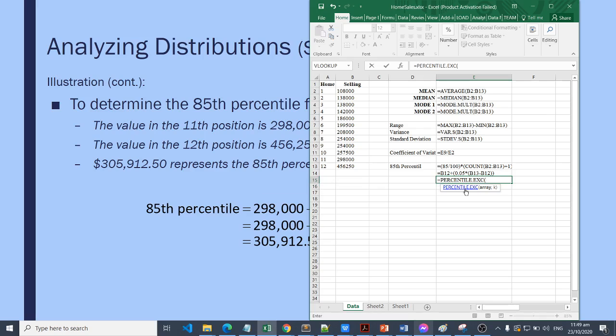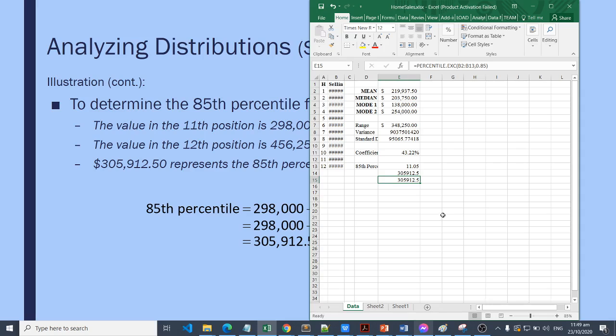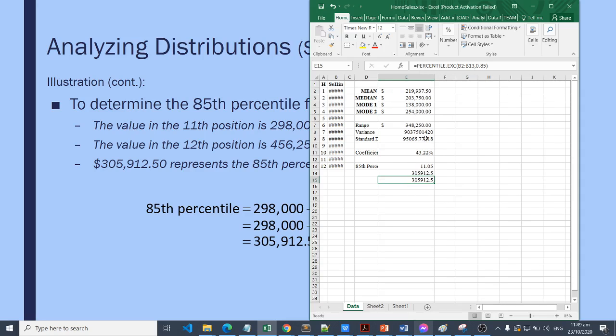So the range of cells is the dataset, and the percentile is 0.85. Now let us see the results. We have the same results using the Excel formula and using the manual way of getting the 85th percentile.